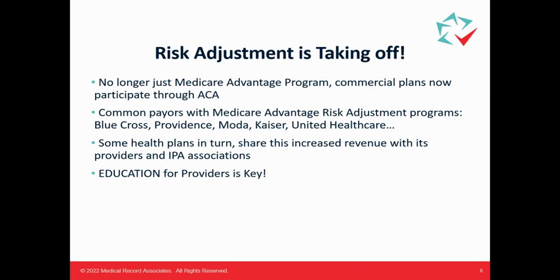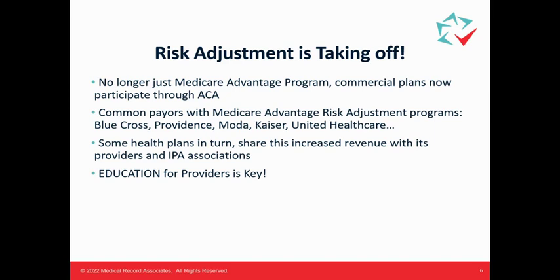So we have common payers for Medicare Advantage risk adjustment programs: Blue Cross, Providence Healthcare, MODA, Kaiser, United Healthcare. All the big ones have some Medicare Advantage program. Most also have the ACA programs, but not all.